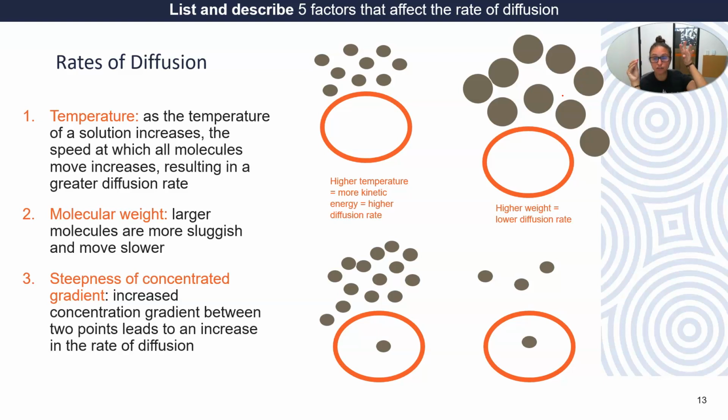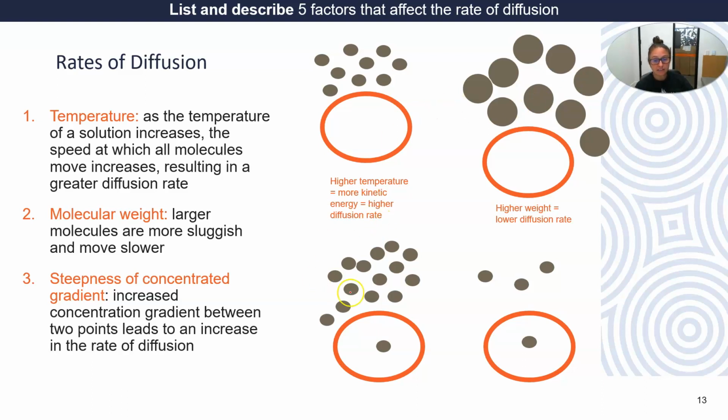A big molecule wanting to move from this spot to that spot is going to take longer than a small, lighter molecule because it involves more energy. So the bigger the molecule, the more energy it needs to get moving, and so it's going to take longer for it to get to where it needs to go.